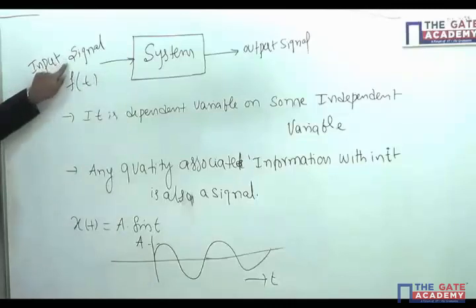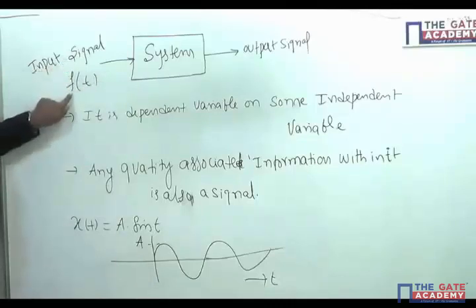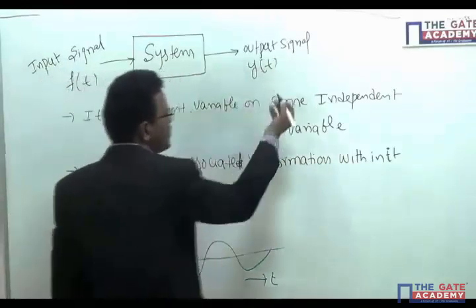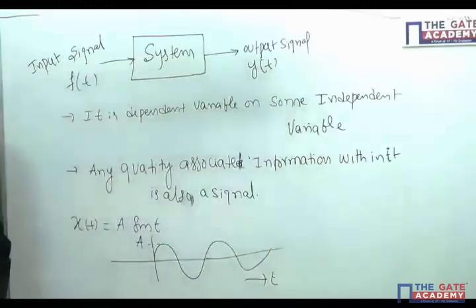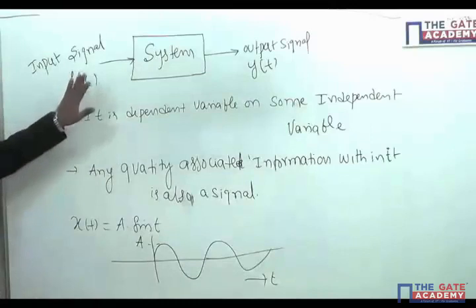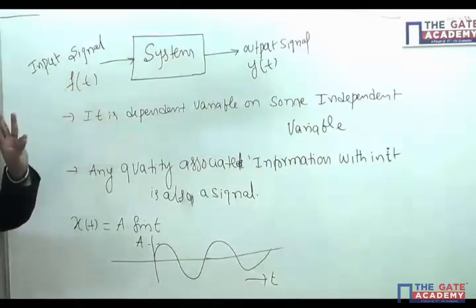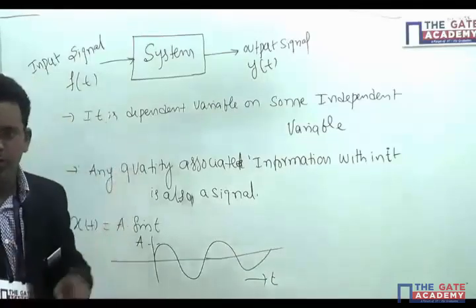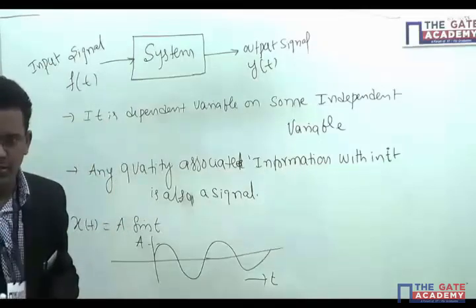So we'll represent the signals as functions where t is the independent variable. Of course, the output is also some function of the same independent variable, y of t. I think the concept of what is a system is clear, what is a signal is clear, and what is the interaction between the signal and systems is also clear.